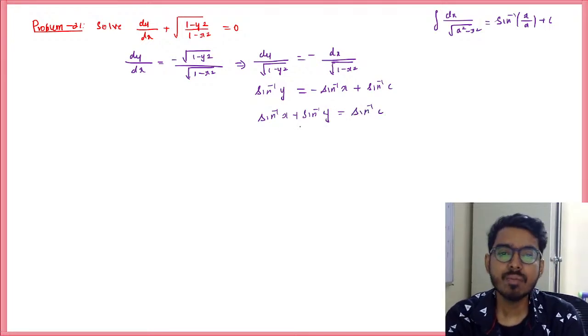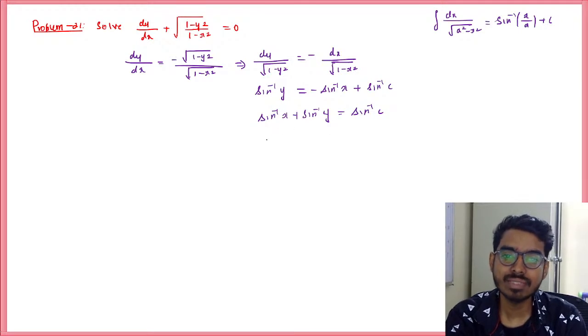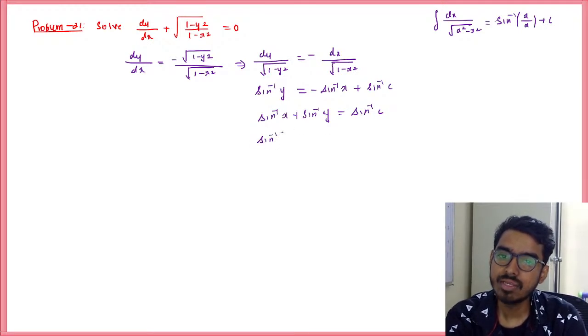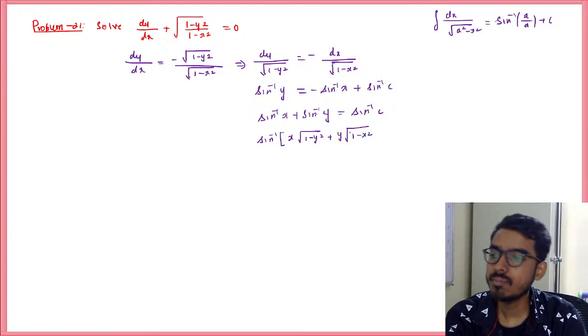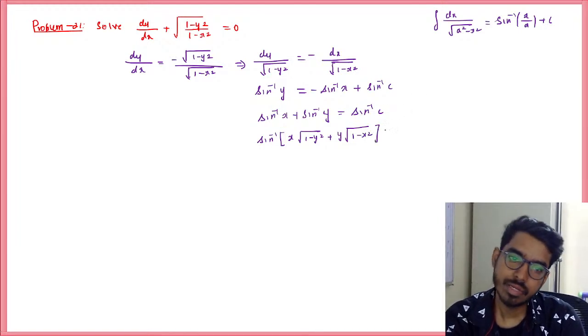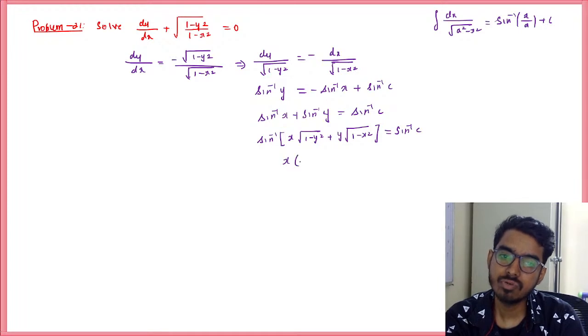And from inverse trigonometric functions, for sine inverse of a plus sine inverse of b, we have a formula. This is sine inverse of x into root of 1 minus y square plus y into root of 1 minus x square, right? And this is sine inverse of c. Sine inverse will get cancelled. So we have x into root of 1 minus y square plus y into root of 1 minus x square is equal to c.